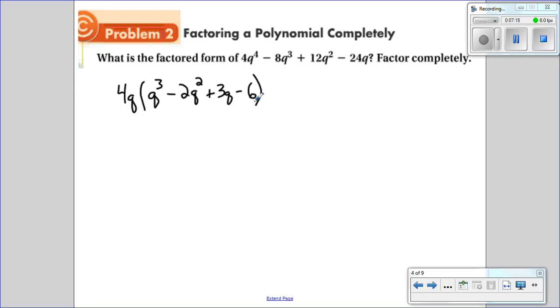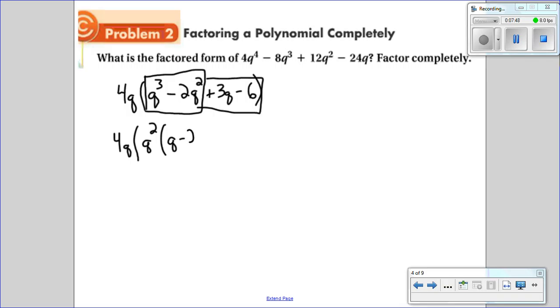Now, once we're at that point, are we factored all the way out? Now what we're going to go back to is just thinking about this part, and we're going to factor by grouping. We group the first two terms together and the last two together. The 4Q stays, but it's not going to affect us right now. These both have a Q squared, which means what's left is Q minus 2. These both have a 3 in common, which means we're left with Q minus 2 again.